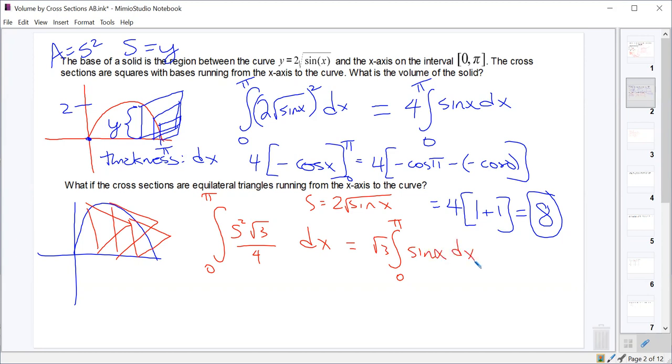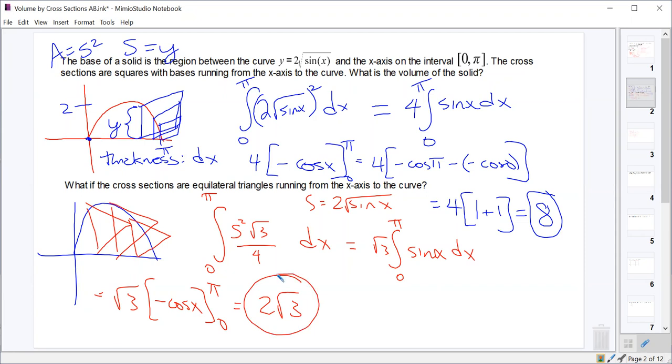It's negative cosine x from 0 to pi. And in fact, we already evaluated negative cosine x from 0 to pi. That was not 8, it was 2, right? We had a 4 out front. So this is just 2. Everybody good there? Everybody at home good? Yes. Okay.